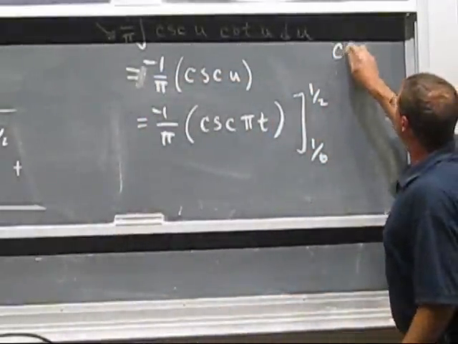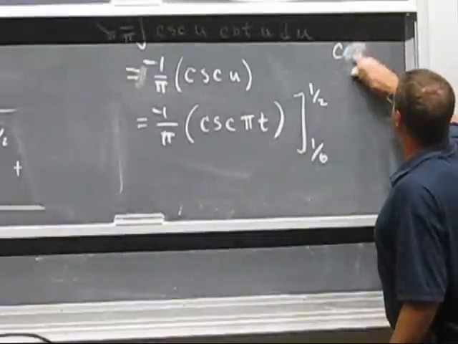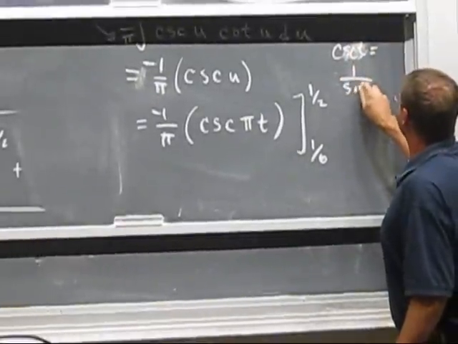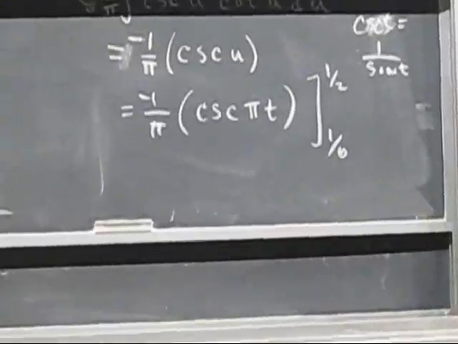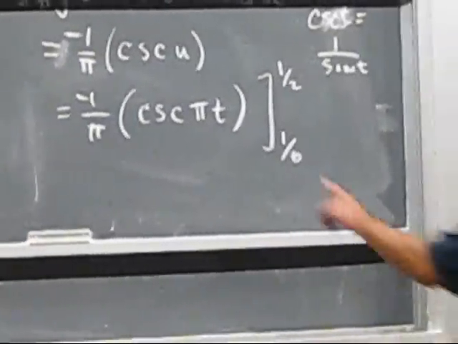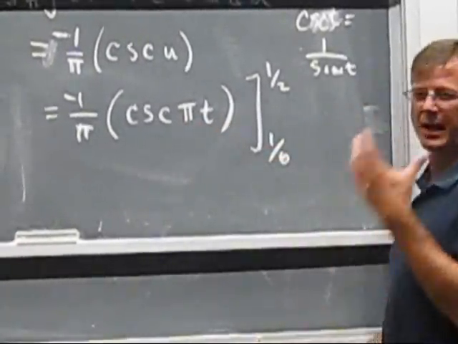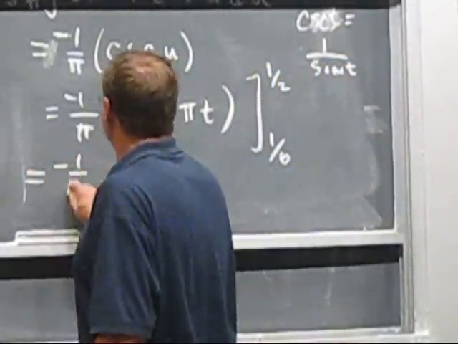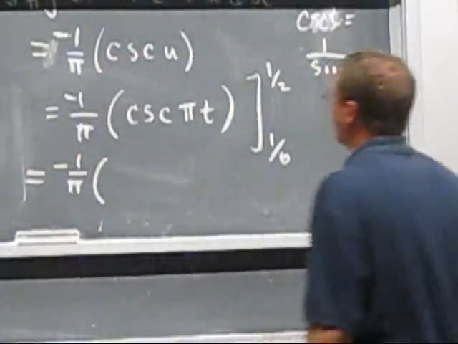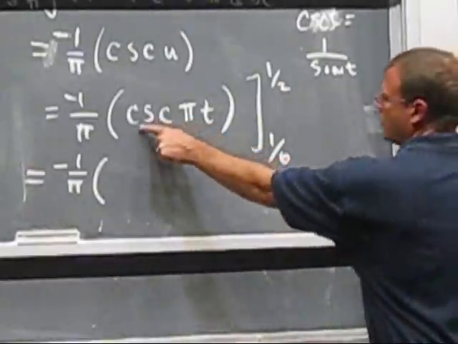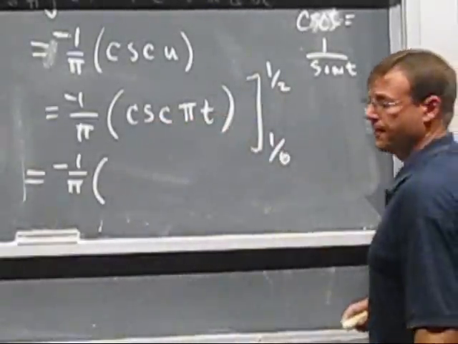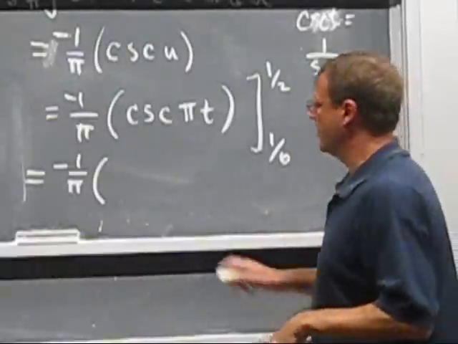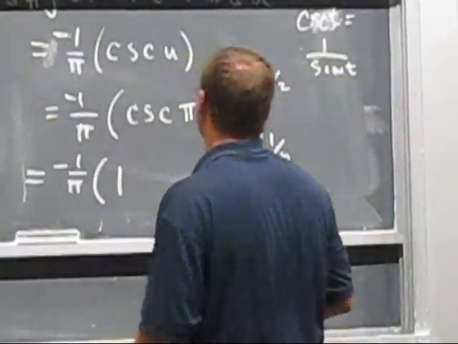Remember that cosecant of t is 1 over sine of t. So when I calculate this, I'm really calculating sine and then I'll do 1 over it. So this is negative 1 over pi times, okay, what is cosecant of pi over 2? That's 1 over sine of pi over 2, which is 1.